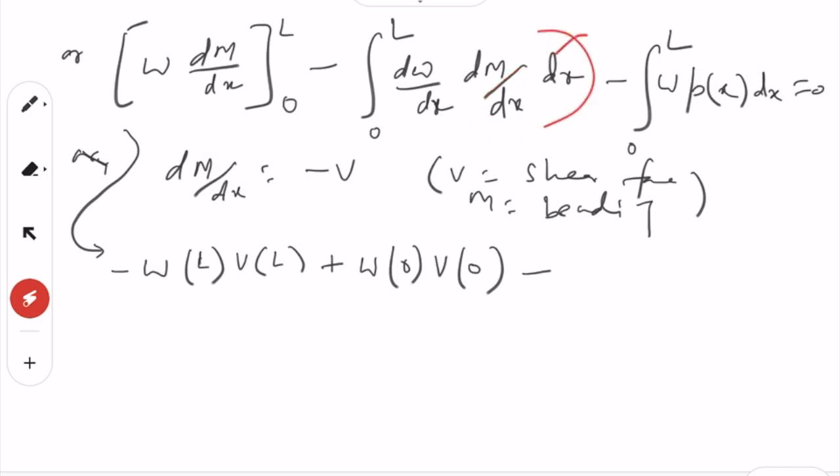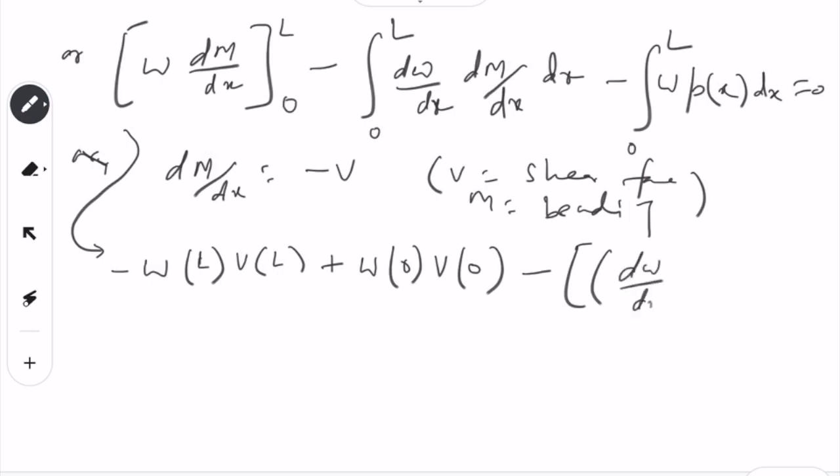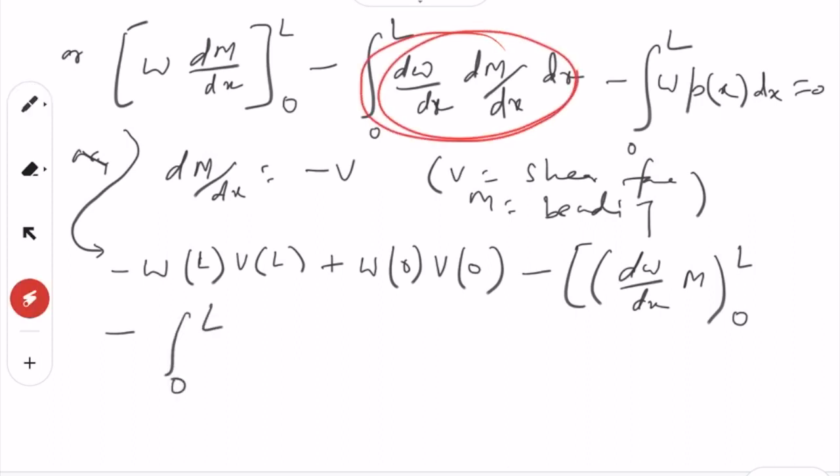So, that means we can just write this multiplied by m. So, minus we can write integration by parts. So, we have dw over dx times m from L to 0 and then minus, then 0 to L. Okay. So, this whole thing is integration by parts.